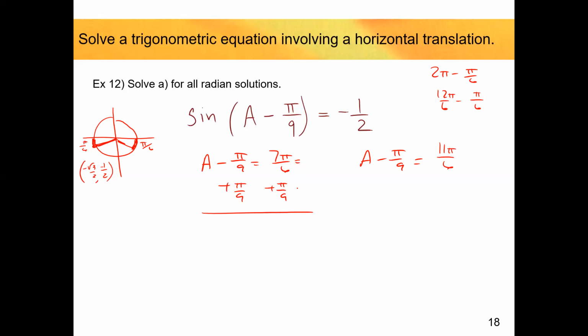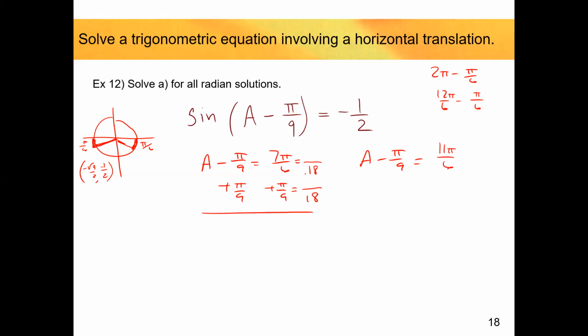Do you guys remember doing this all the way in grade school? Remember how you used to do fractions when you're moving fractions away on the other side? I still remember that. You had to get a common denominator. Okay, so I think 18 is the common denominator.